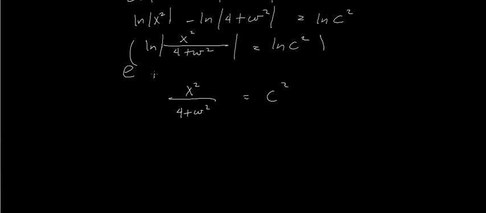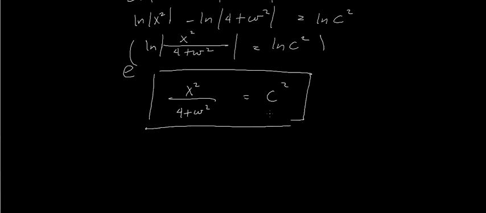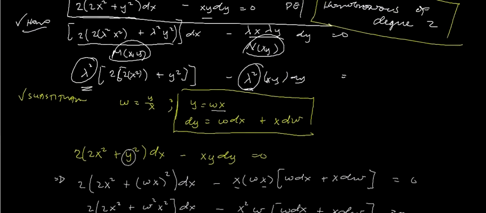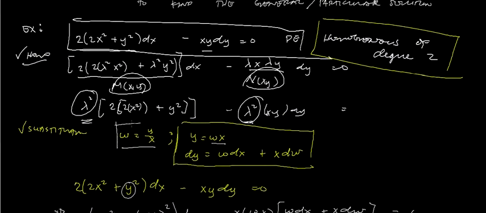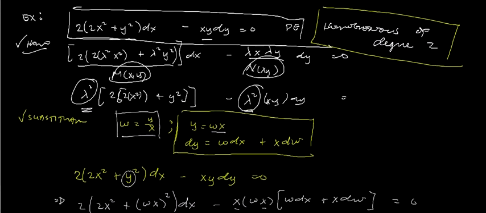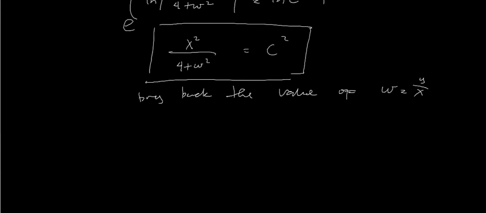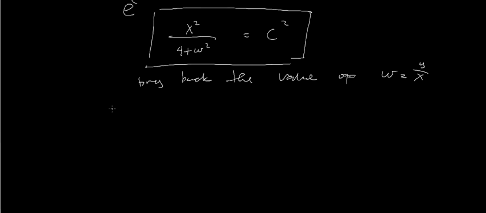And we're not done yet, because we need to bring back the value of our w, which is equal to y over x. This is our substitution, and we need to bring this back in order for us to make our solution in terms of x and y, or in terms of our original variables.